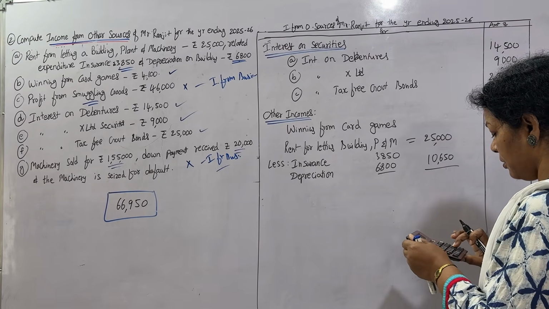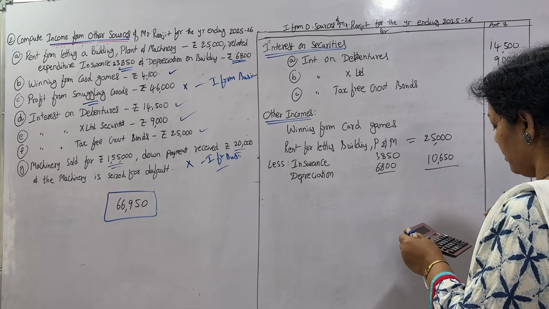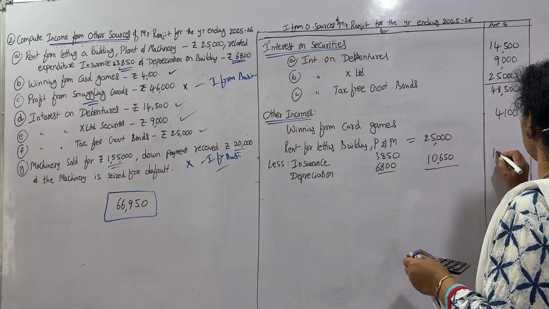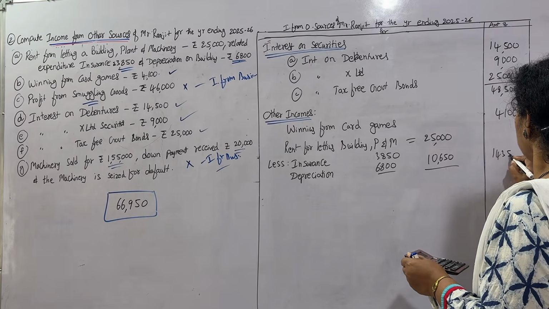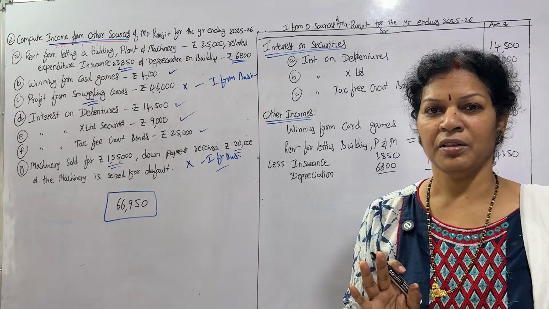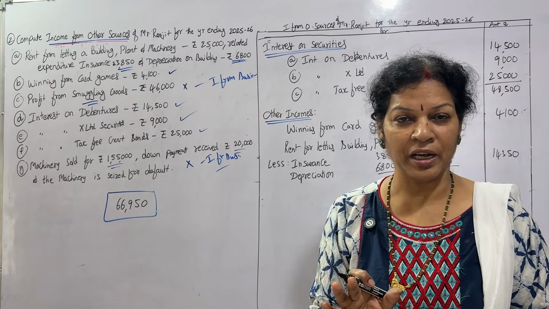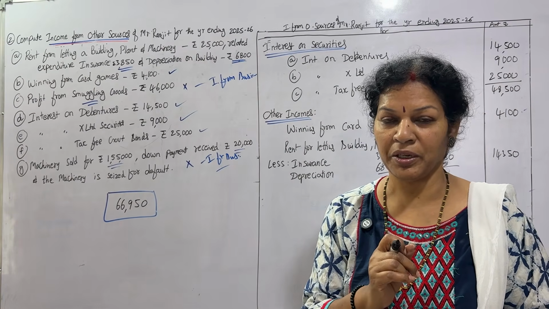If we deduct it from 25,000, you are getting 14,350. We have nothing to give as deductions, standard deductions under section 57, as we discussed in the previous class. We don't have anything.